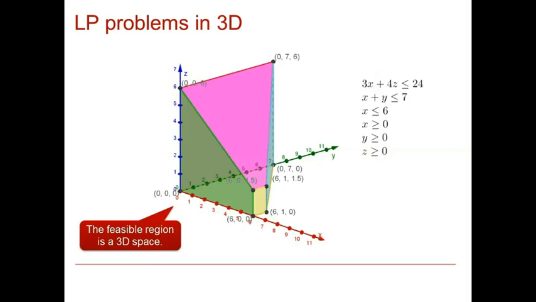So this time the feasible region is a 3D space. So the vertices can be found by finding the intersection points of the planes. So we can see on this diagram the intersection points of all these planes. And we would have to find these by solving simultaneous equations. The Simplex method involves moving around the polygon vertices to find the optimal solution.